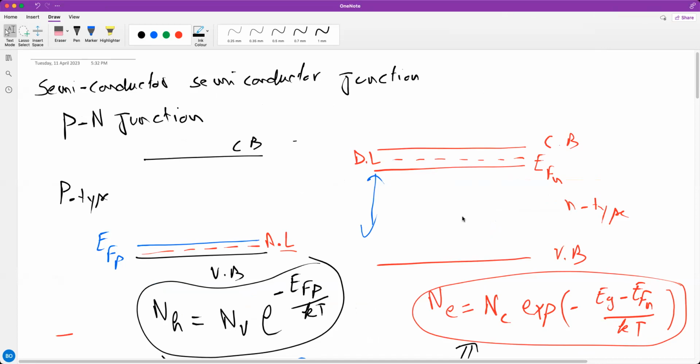So topics like the propagation of waves in solids are not included. There will be no skin depth. There will be no Schrodinger's equation.